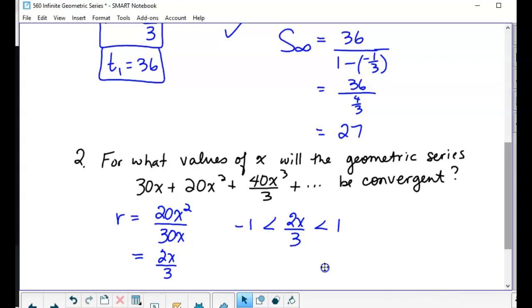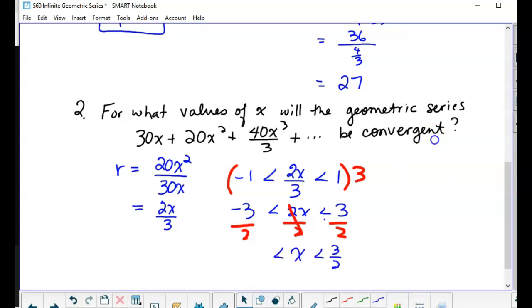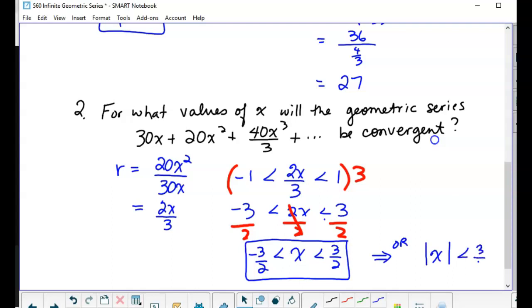Just like any inequality, we'll multiply everything by 3, and then divide everything by 2. Another way of saying that is absolute value of x has to be less than 3 over 2.